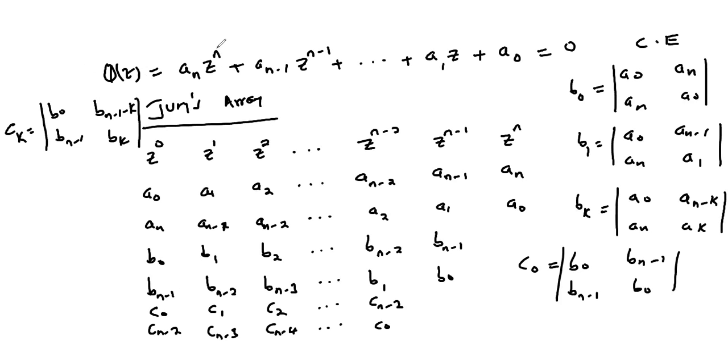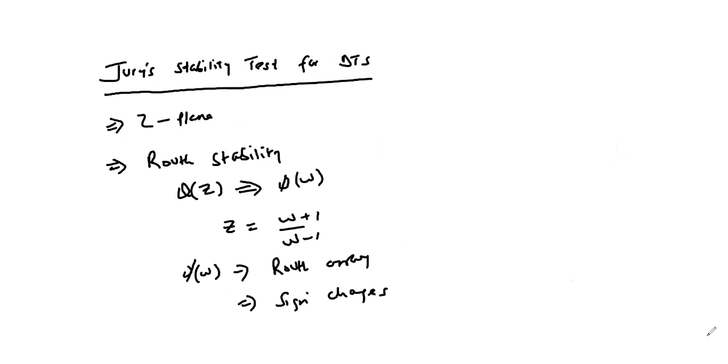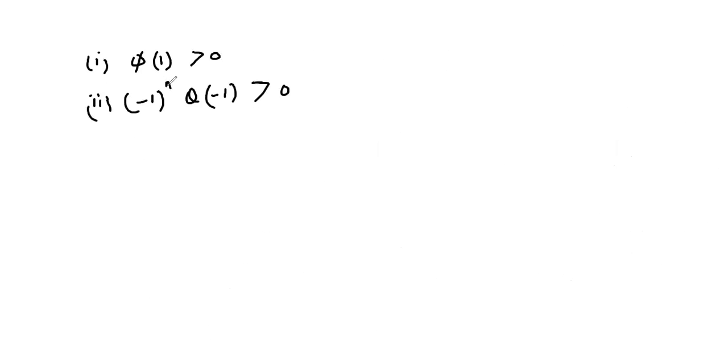Condition number 2 is that (-1)^n multiplied by Q(-1) must also be greater than 0. So into our polynomial in Z, we substitute Z with negative 1, and then we multiply that with (-1) raised to the power of n, where n is the order of the system, and that should also be greater than 0.